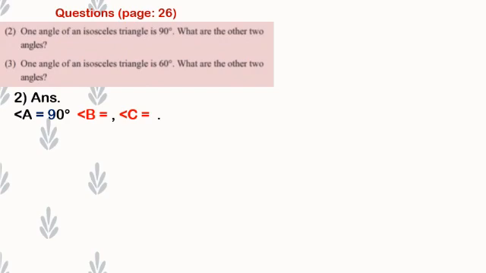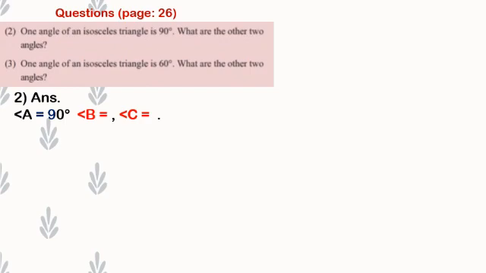So we can say angle B equals angle C. The sum of angles in a triangle is 180°, that we know. If one angle is 90°, then the sum of the other two angles is 180° minus 90°, that will be 90°. Then each angle is 90 by 2, equal to 45° each.